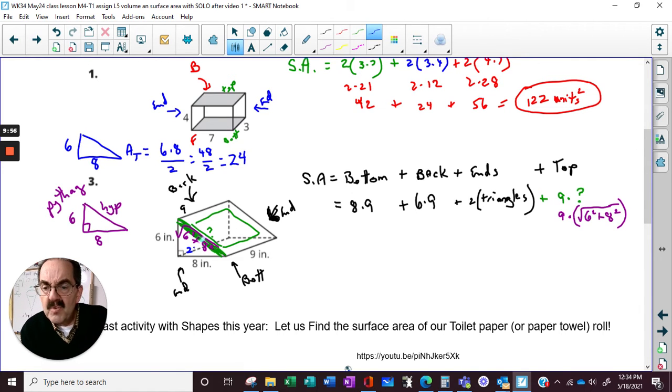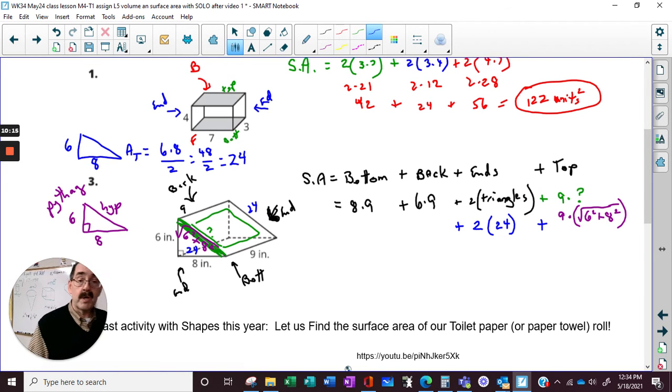So we have 24 units in the front, excuse me, this end is 24 units, this end is 24 units. So this is 2 times that 24 plus 9 times whatever that was, and we have 8 times 9.